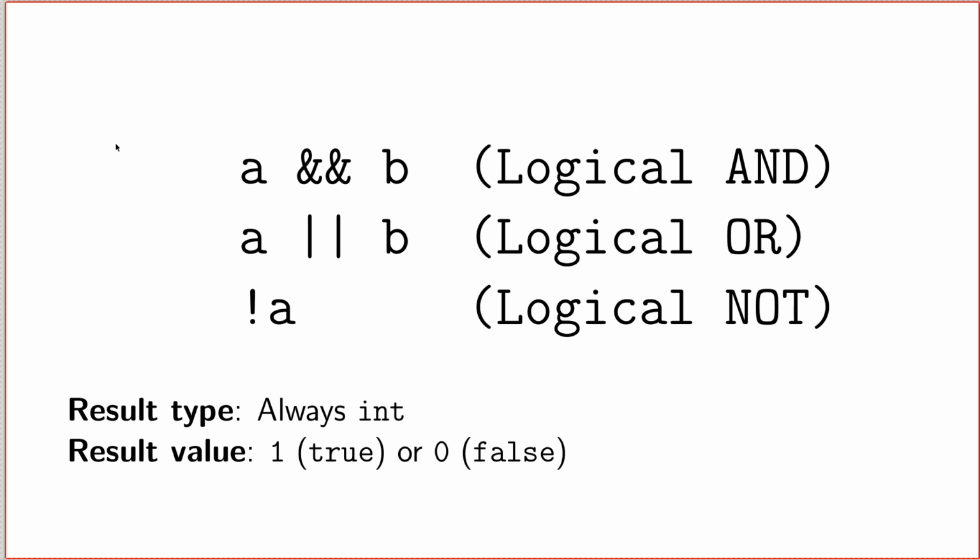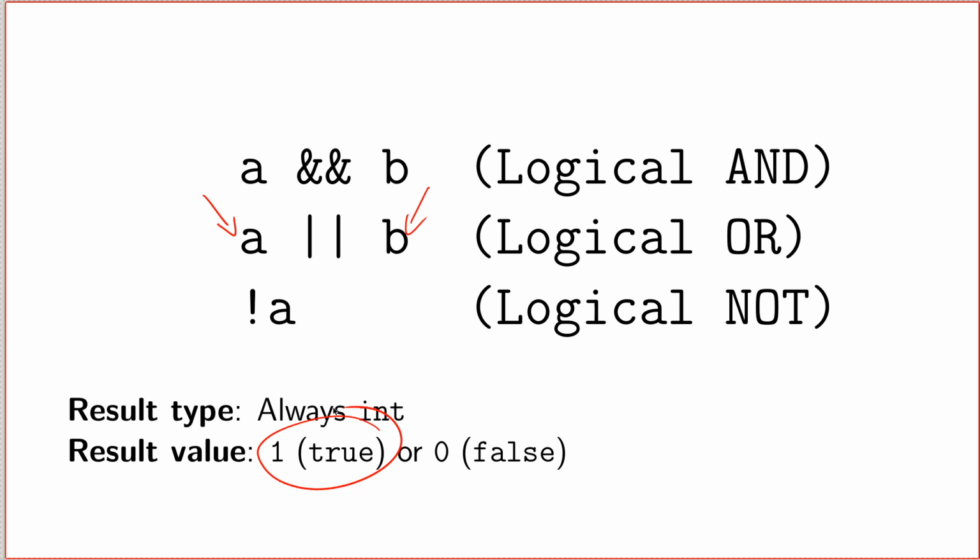So logical or also evaluates both of its operands, whether they are true or false. And then the result of logical or comes back true, which of course means 1 in this context, if either or both of its operands are true. So if A is true but B isn't, then OR gives us true. If A is false but B is true, then OR gives us true. If A and B are both true, then OR gives us true.